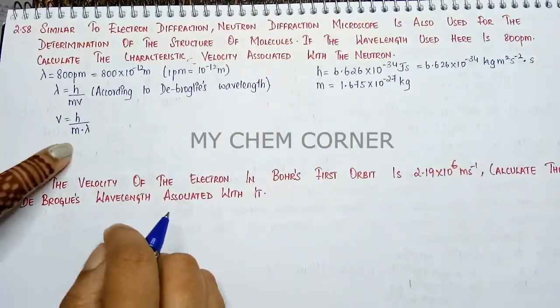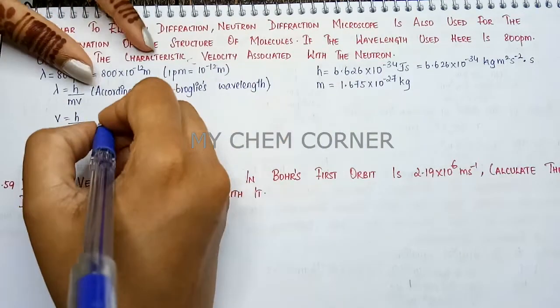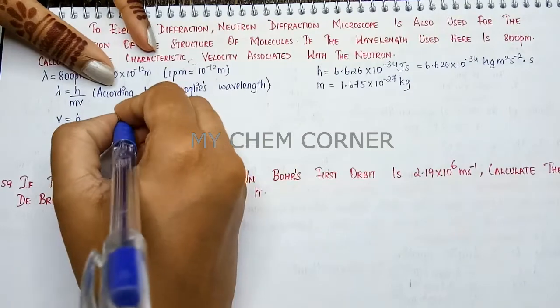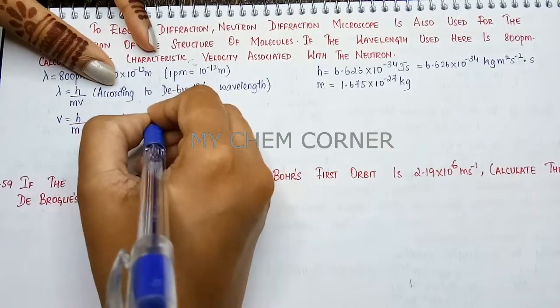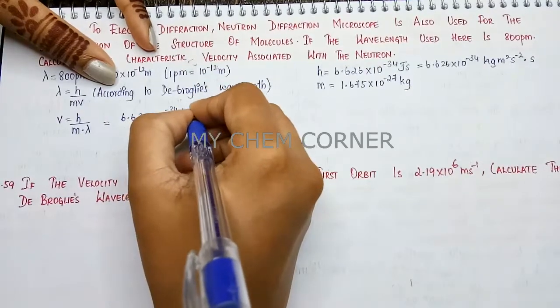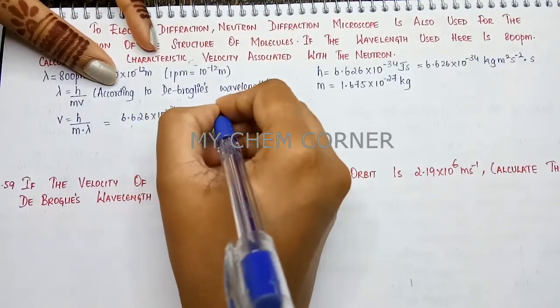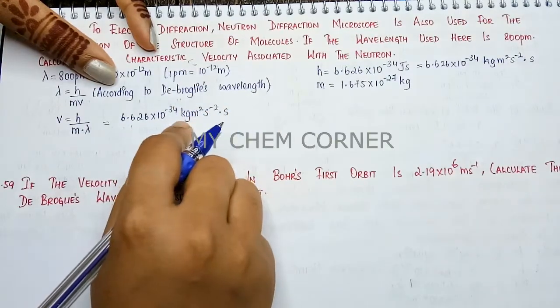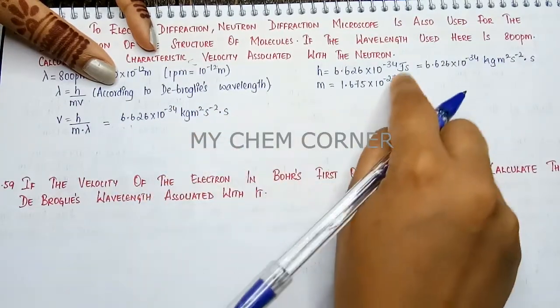So we have all values. Let's substitute the values. So here h is in terms of this value. So I'm going to write 6.626 into 10 to the power minus 34 kg meter square seconds minus 2 into seconds, because this alone is joule. That's why this seconds is coming from here.